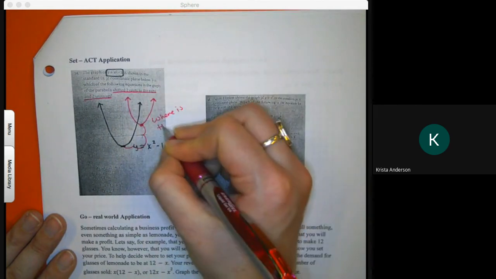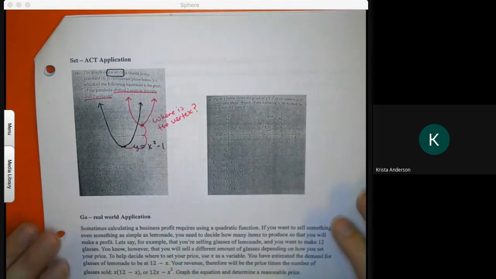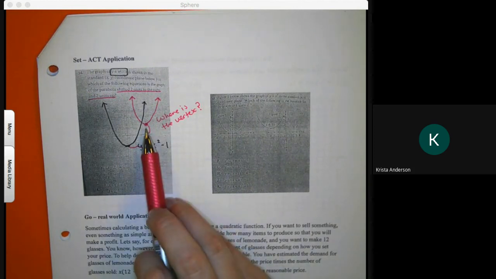Where is the vertex for that new spot? Where is this located on my grid?